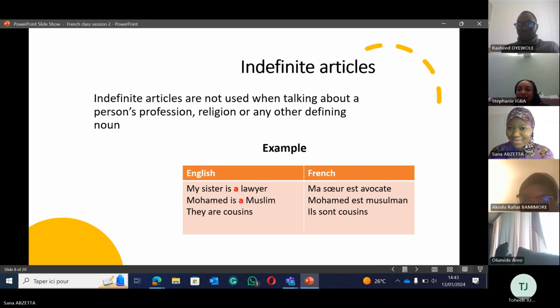It's clear. Okay, if you understood, I want you to explain to me this rule. Oh, okay. In English, when we want to talk about someone, maybe you say he is a doctor, but in French, we don't use the un, we just go straight.